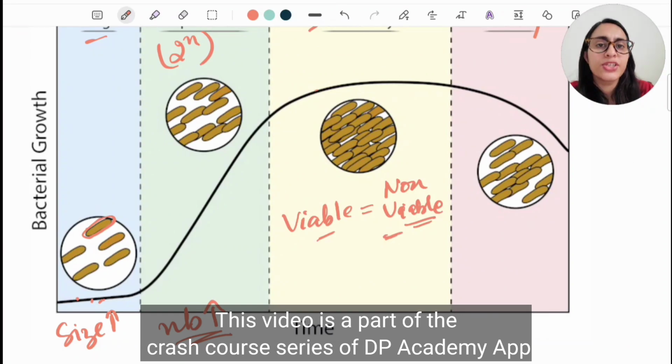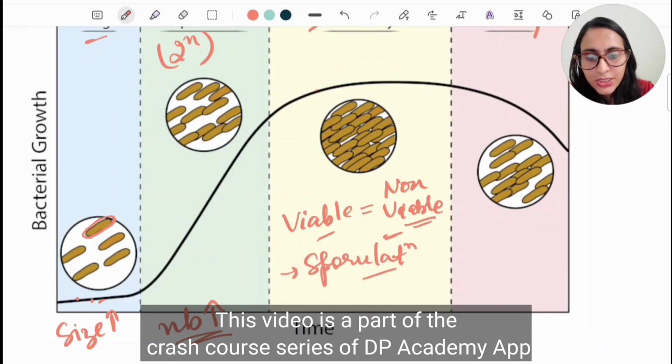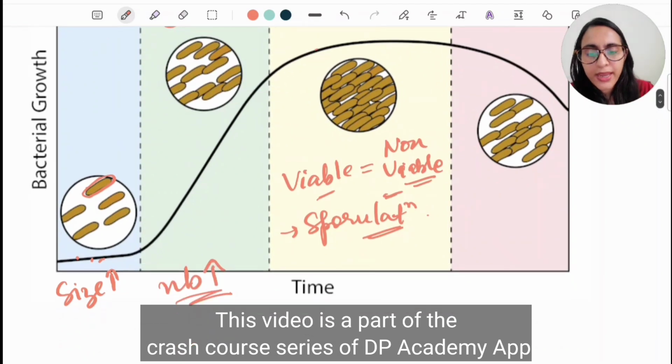Sporulation, the endospore formation, happens in this stationary phase. So another important point is that sporulation also happens in this stationary phase. In case of a harsh environment, basically it is the survival mechanism of the bacteria. It is the coping mechanism to protect themselves by forming the spores, because spores are resistant to heat. What part of the spore is resistant to heat?